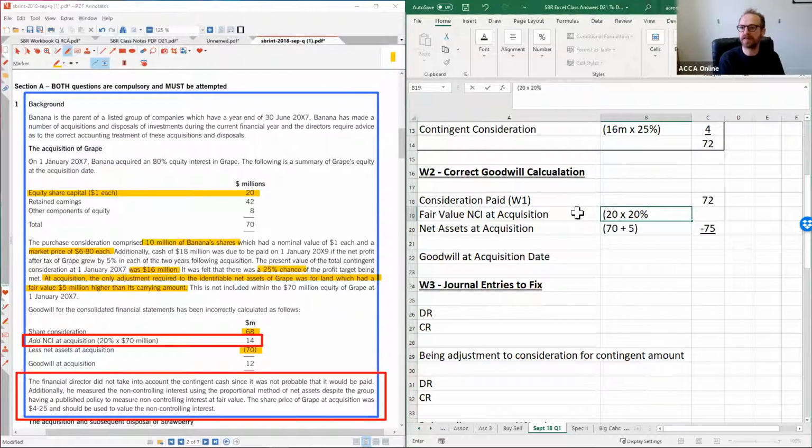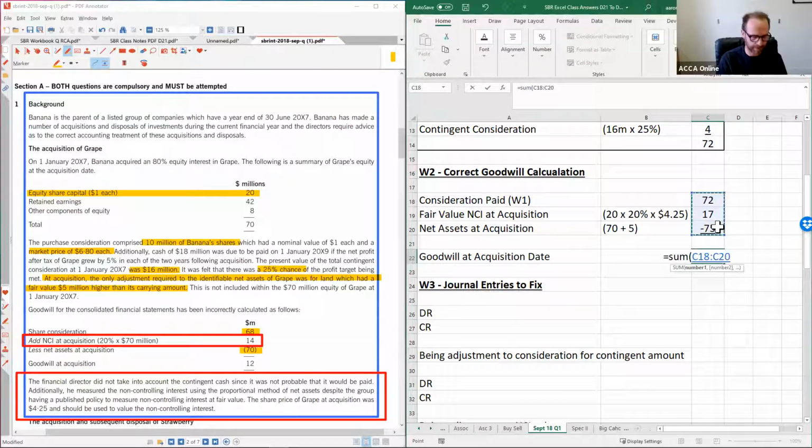So that's the number of NCI shares we have times the share price, $4.25. When we do all of that, 20 times 0.2 times 4.25, we get 17, which means that the goodwill on the acquisition date is going to be 14.